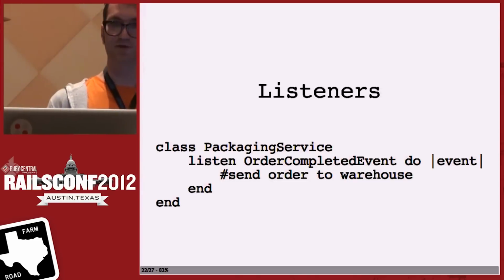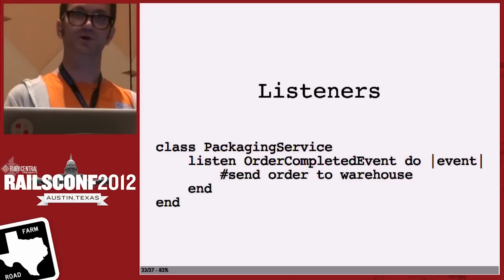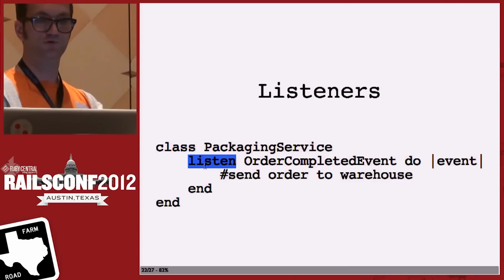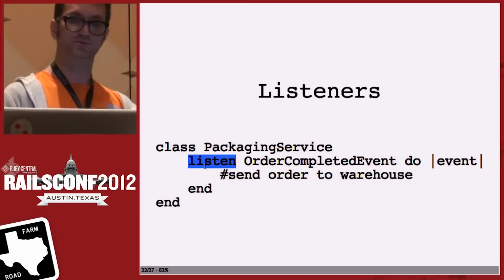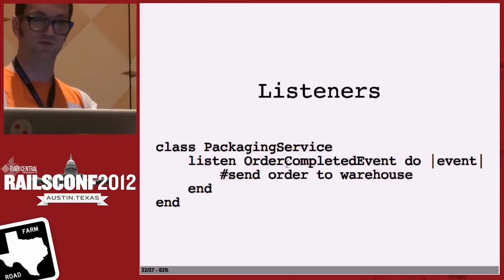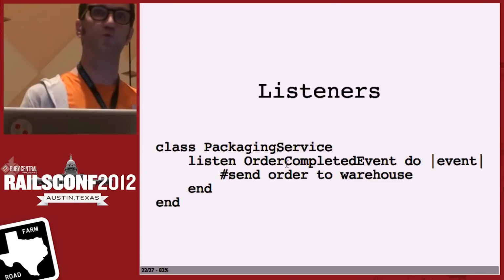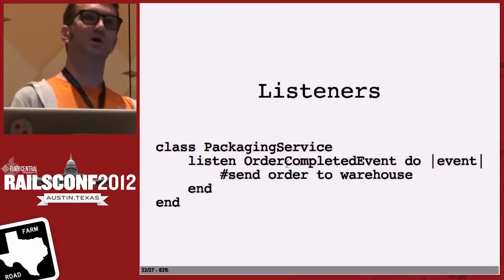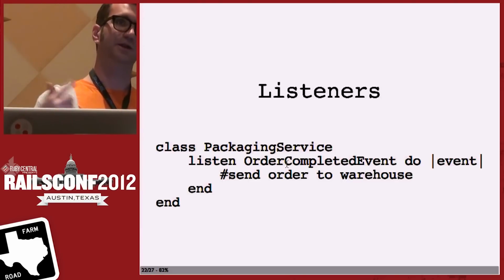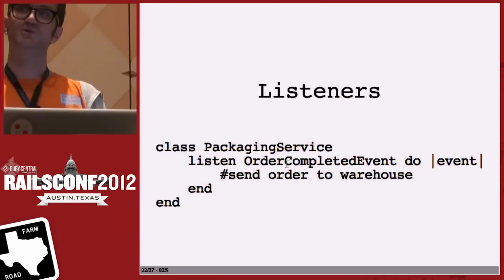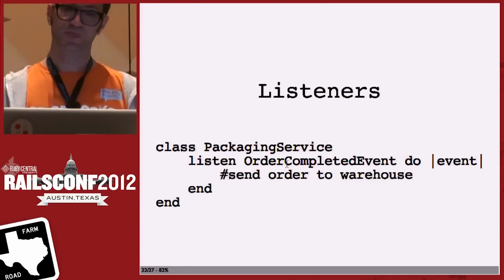And then finally we have listeners. So again, a pure Ruby object. And we'll use this listen block to decide which events we want to listen for. In this case, we have an order completed event, which is not one of the events we talked about before, but as you go through the ordering process and the user's done adding things to their line items and you complete the order, something's going to need to send that off to the warehouse.